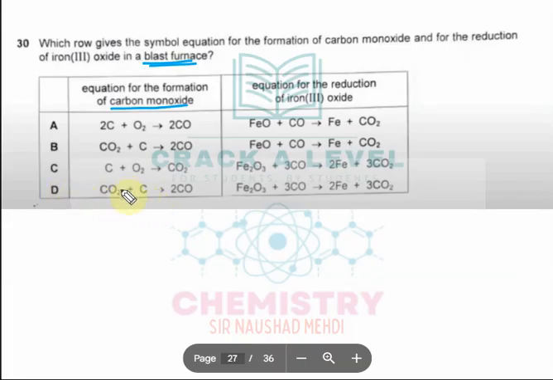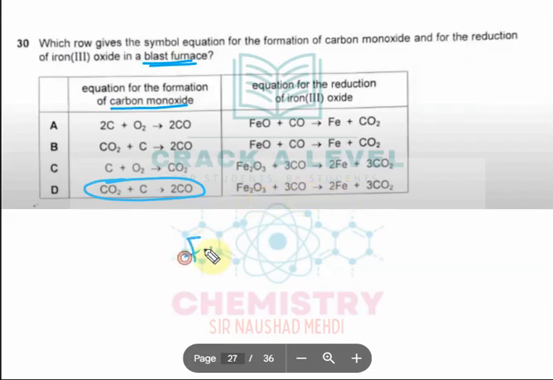This is how carbon dioxide and the coke, or the carbon, react together to form carbon monoxide, and then the iron oxide is reduced by the carbon monoxide to form the iron.